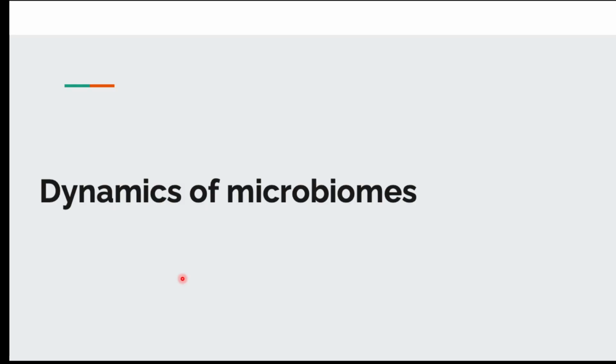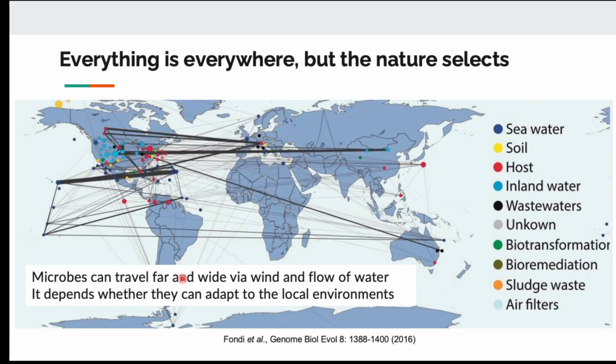So one thing that we should appreciate about the microbiome and the analysis of microorganisms with metagenomics is that it is very different from large animals like humans. When we think about the distribution or the evolution of humans, we are limited by our geographical location.